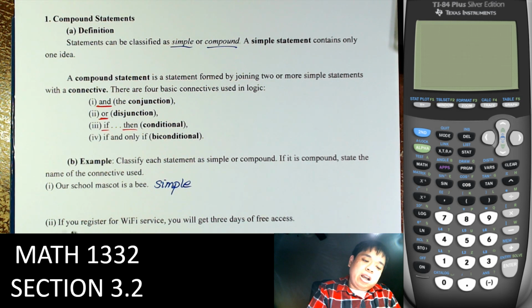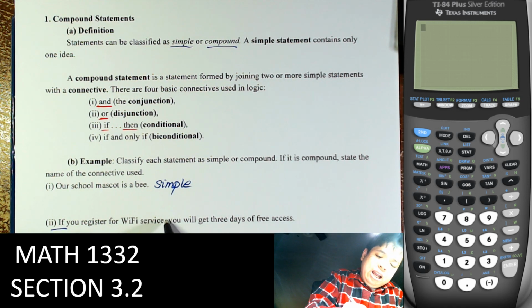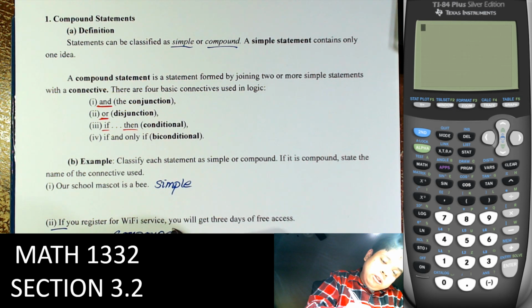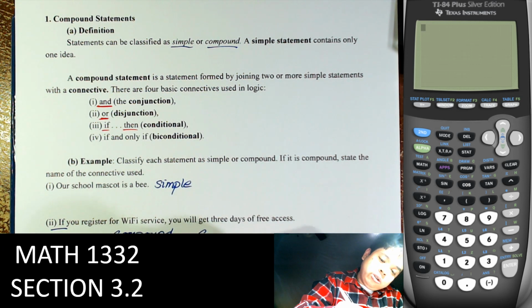Next, if you register for Wi-Fi service, you will get 3 days of free access. We say "if," and then, even though it did not say so here, that is the "then." So this is a compound statement, and the connective is if-then, so that is a conditional.